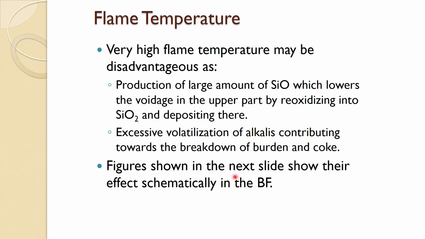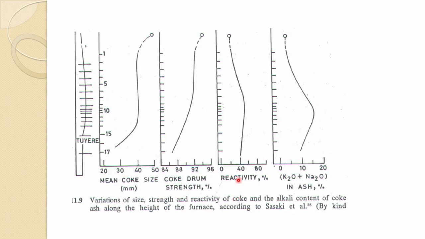So, this next figure shows how these different things are reacting in the blast furnace. So, this is the TUL level. If you look at the coke size, you will see that at the TUL level the coke size is about 25 or 30 millimeter.